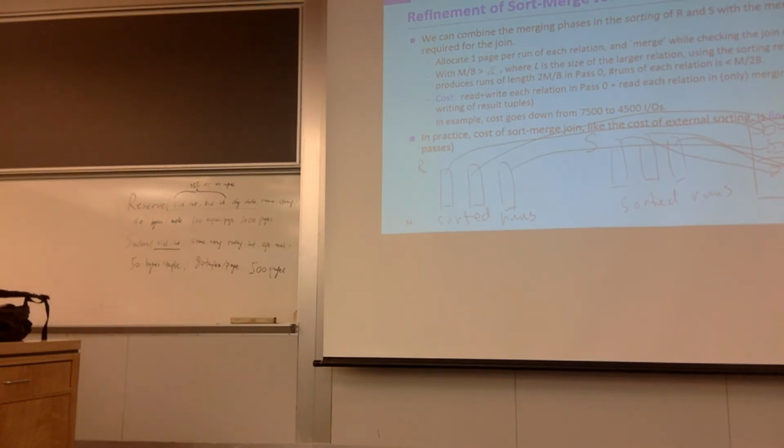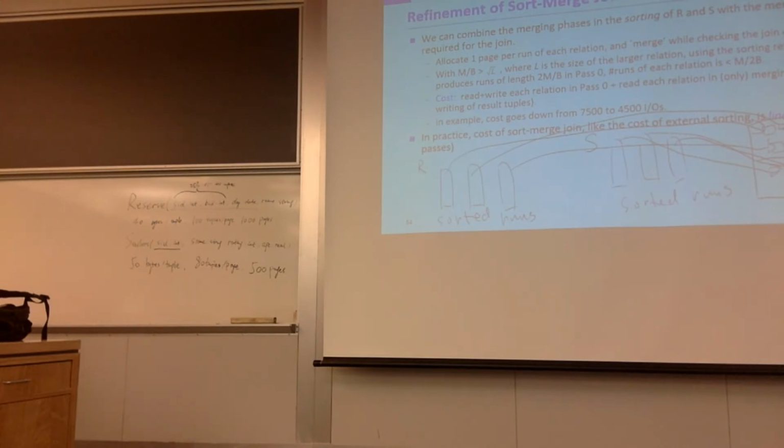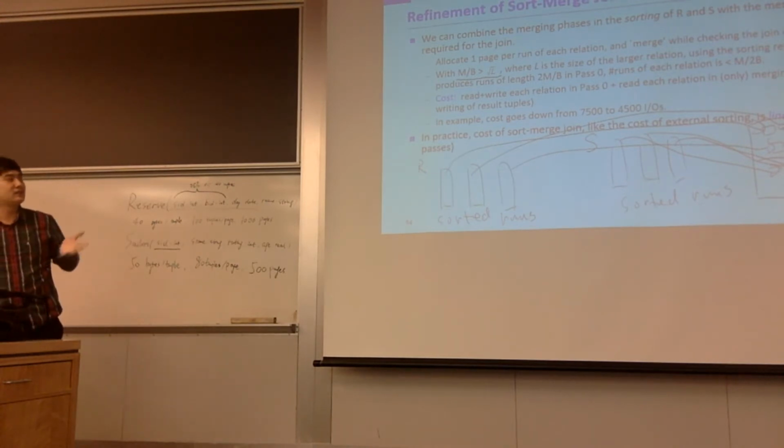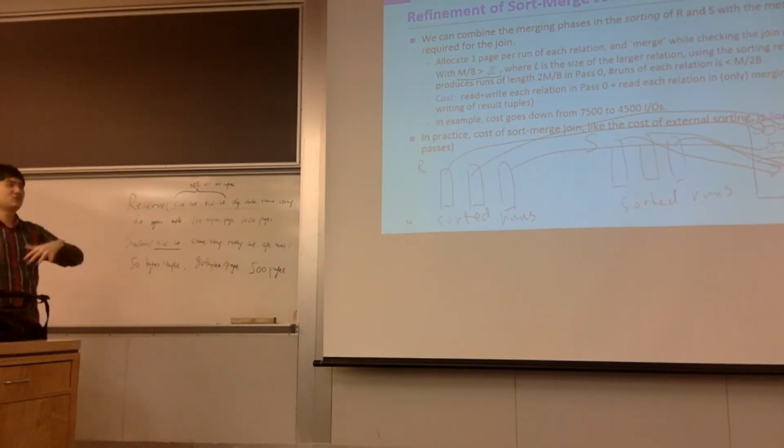Then the requirement if you want to do the whole process purely in memory would be, suppose M over B is greater than square root of L, where L is the size of the larger relation, R and S. The larger one of R and S.